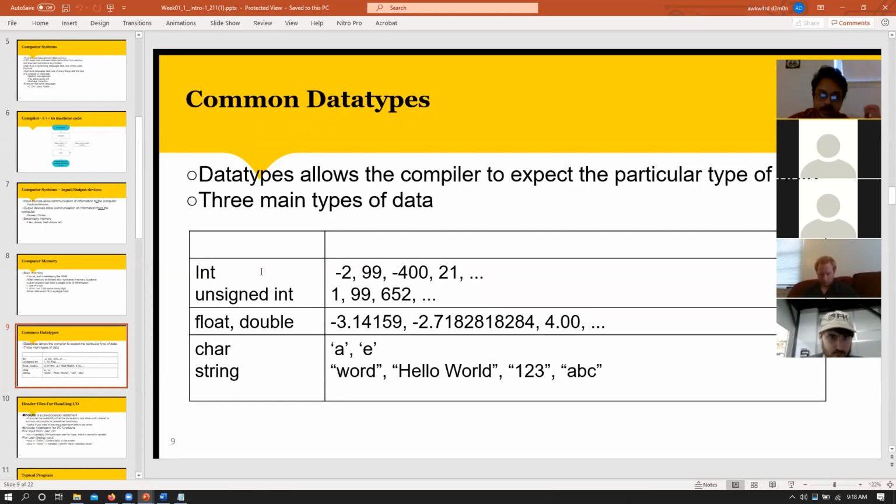So when I talk about something in terms of numbers, I have two options. One is an int or an unsigned int, and we'll talk about these in more detail later. These are what we call data types. So you have three main data types. One is an integer data type, one is a floating point data type, and one is a character data type.